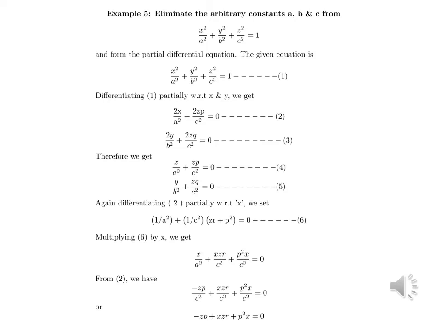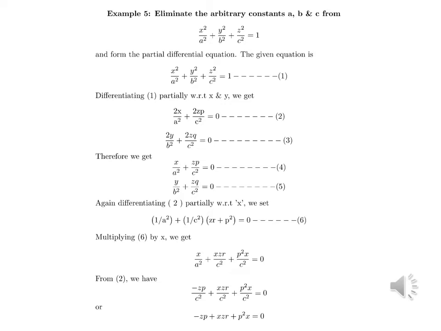So when you differentiate partially with respect to x and y, you should keep one thing in mind, that z is a function of x and y. So whenever you find z, you have to use the function of function rule, that is the product rule, to find the partial derivative. So when you differentiate partially with respect to x, you get 2x by a square plus 2zp divided by c square equal to 0, where p is dou z by dou x.